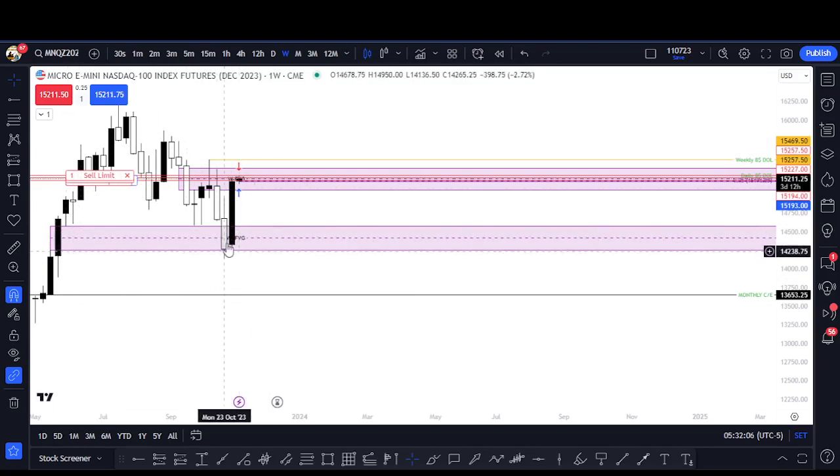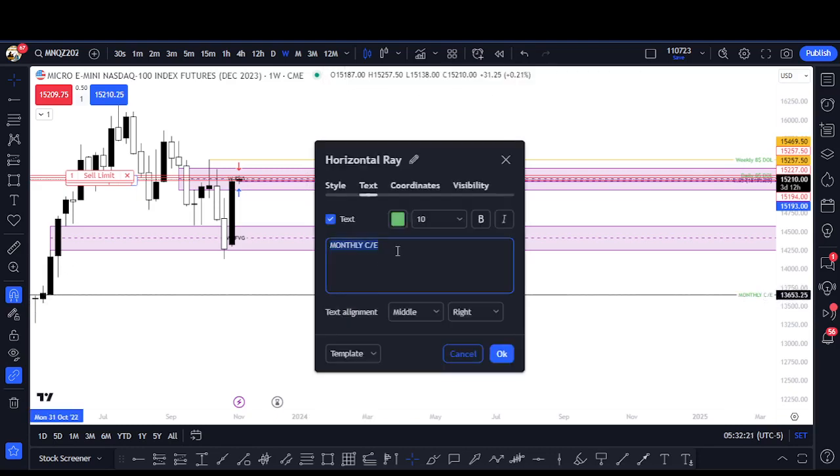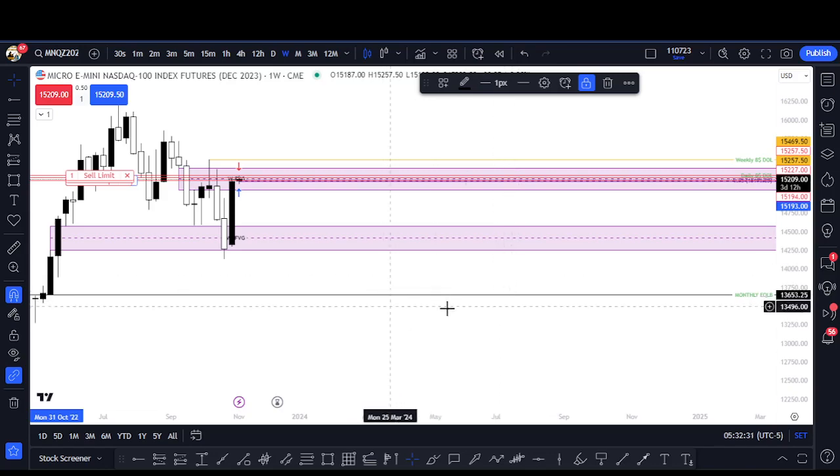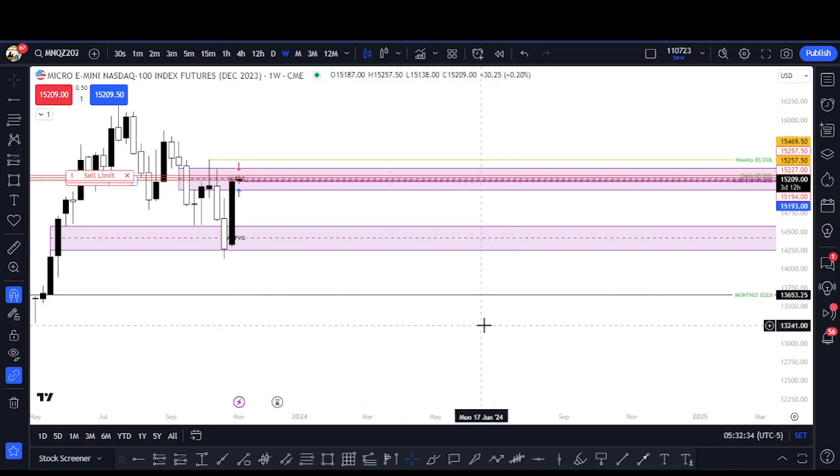We did close below the consequent encroachment of this weekly FVG, so that's why I further believe that we're going to go to the equilibrium for this monthly premium and discount.